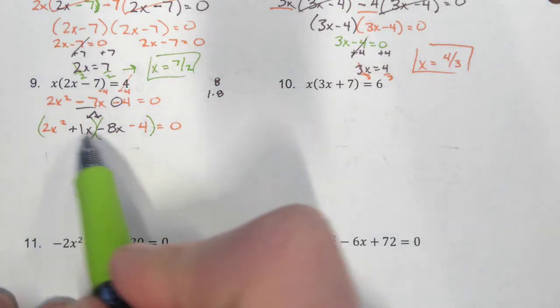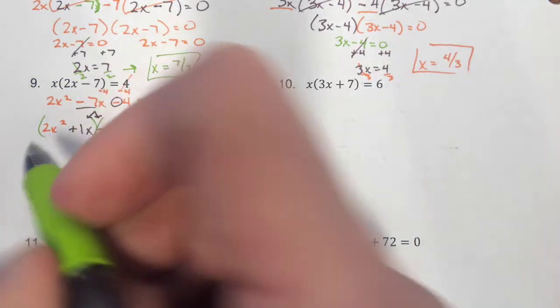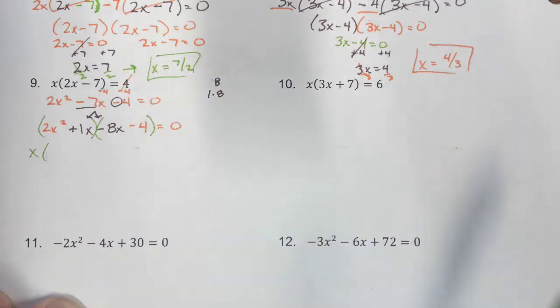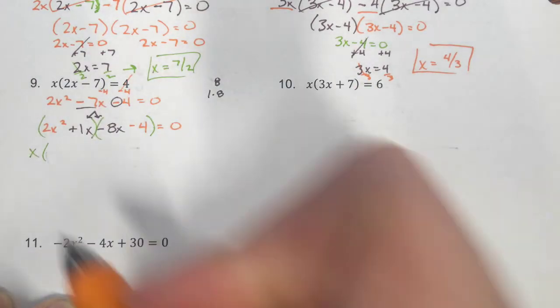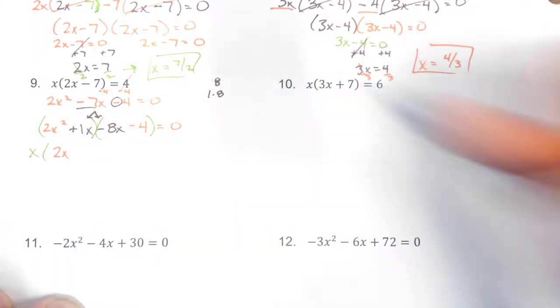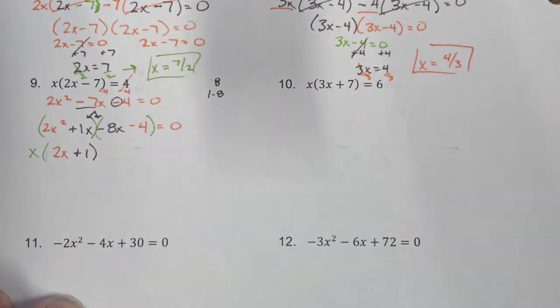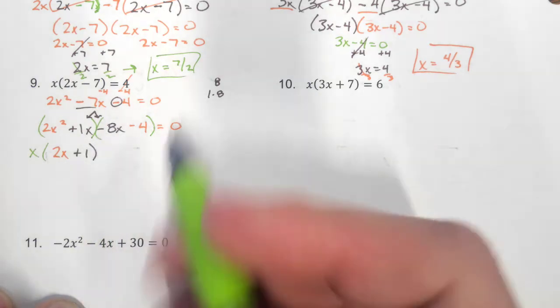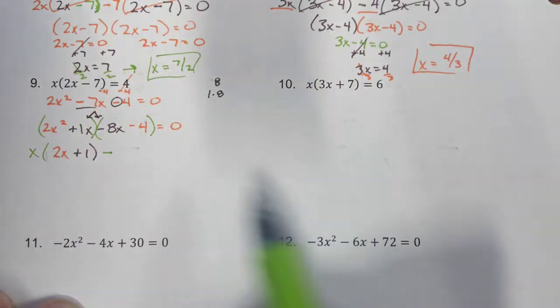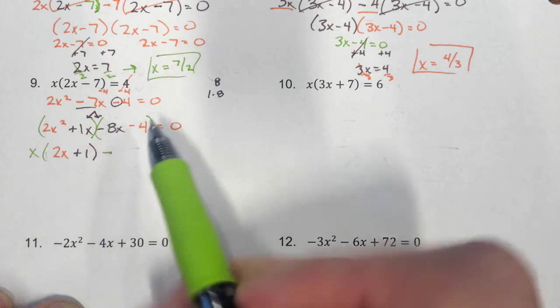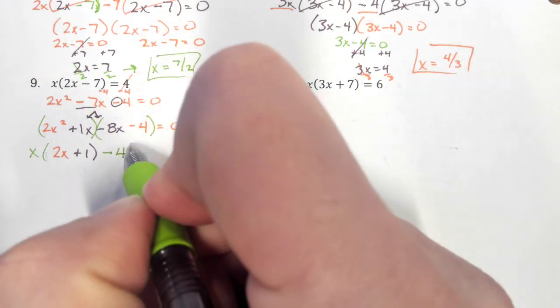In the first group, there is an x in common. If we were to divide by x, that would leave you with 2x plus 1. If you look at the second group, you don't want your first term to be negative, so you're definitely going to factor out a negative. And then the biggest thing that divides both of those terms is 4.